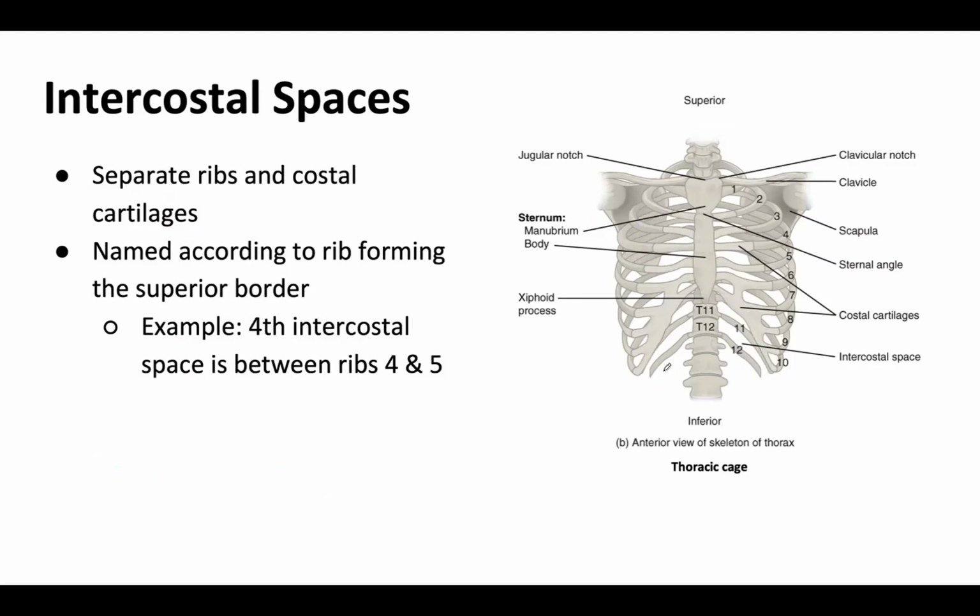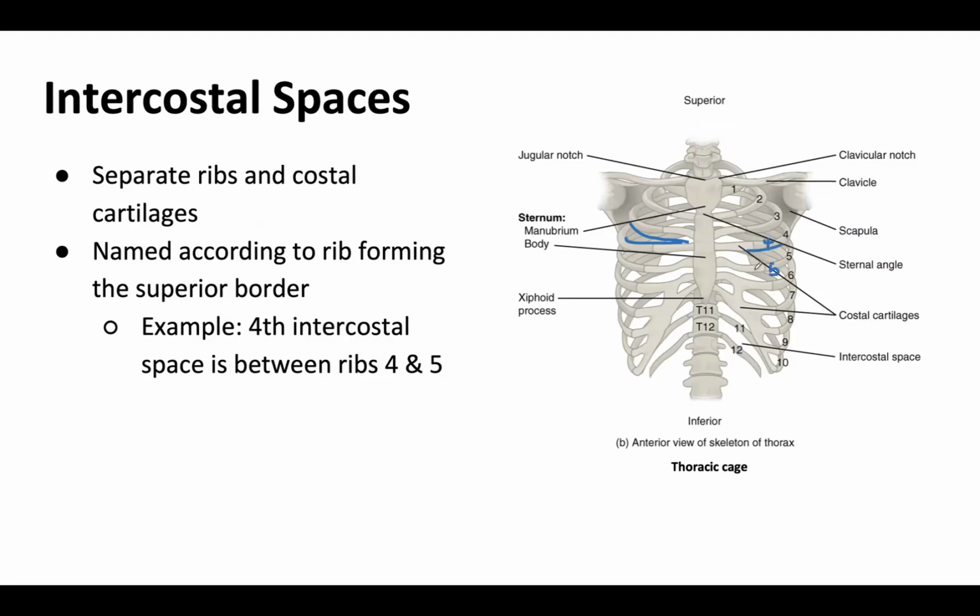Between a superior and inferior neighboring rib is a region called the intercostal space. So the intercostal spaces, they're not super wide spaces, but they're spaces nonetheless. And the intercostal space is named for the superior rib. So say for example, we're talking about the space between the fourth and the fifth rib.